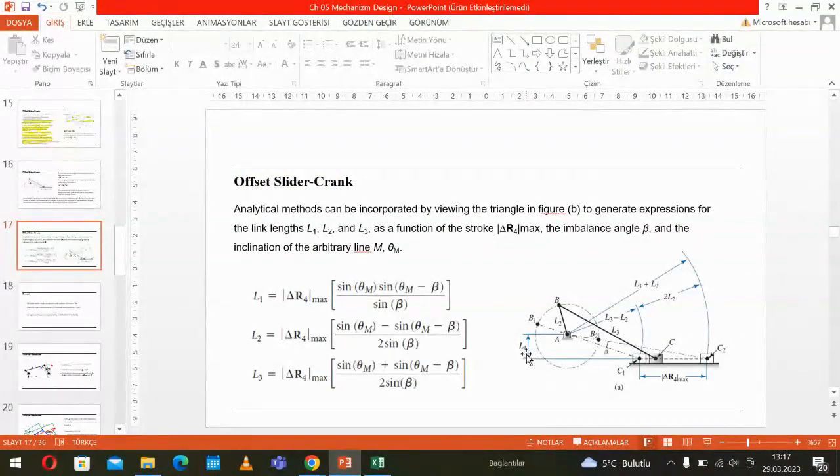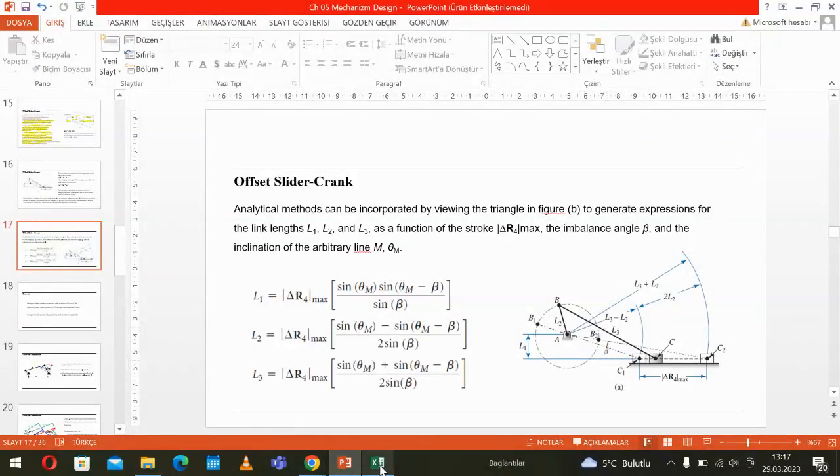This is the L1 you see here. L1, L2, and L3 have to be given, because at the end of the analysis we can calculate all these dimensions for a given or desired motion. Then we have to check, is it okay or not?